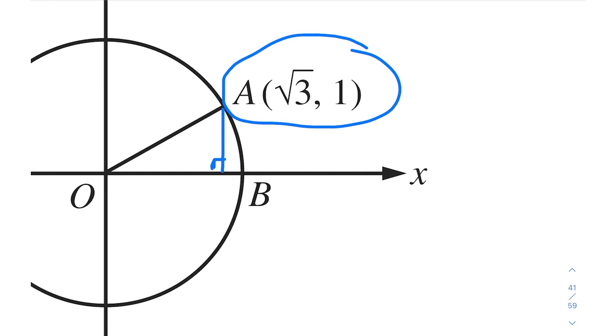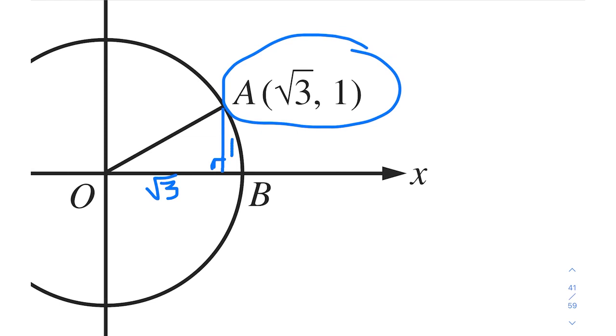By giving us the coordinate, they're giving us the x value of root 3 and the y value of 1, which tells us the two side lengths of this triangle. Let's see if we can use that relationship to figure out a degree measure.